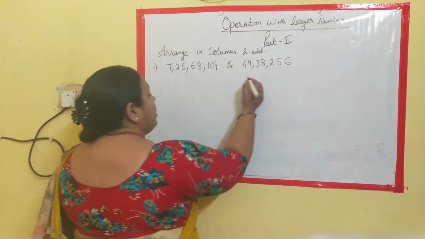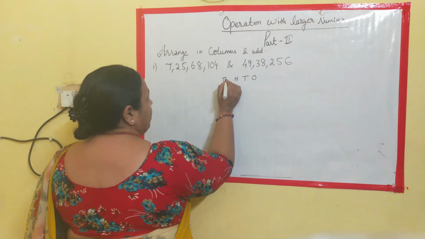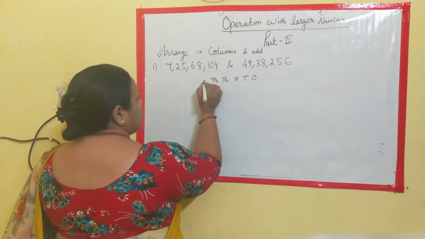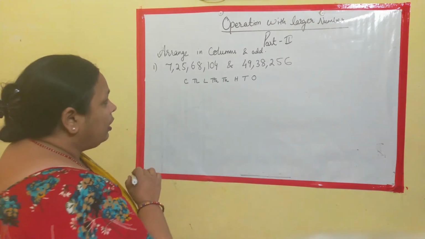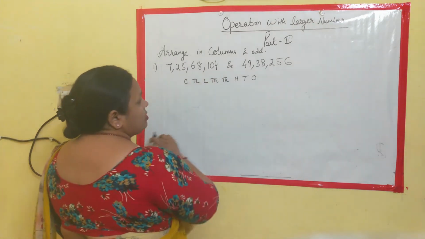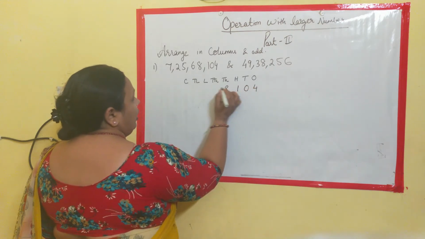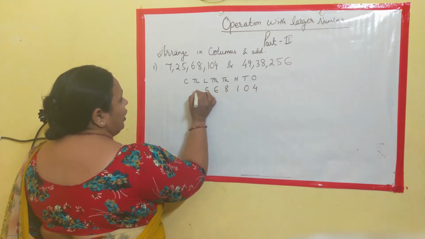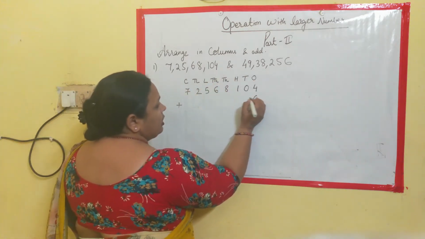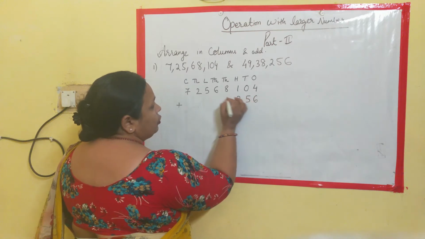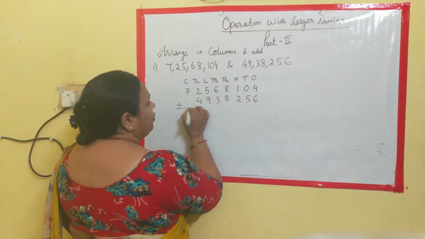Before arranging them, let's mention the positions: ones, tens, hundreds, 1000, 10,000, lakh, 10 lakh and crores. Clear? Now starting from the ones digit, that is 4, 0, 1, 8, 6, 5, 2 and 7. Similarly the next number: 6, 5, 2, 8, 3, 9 and 4.